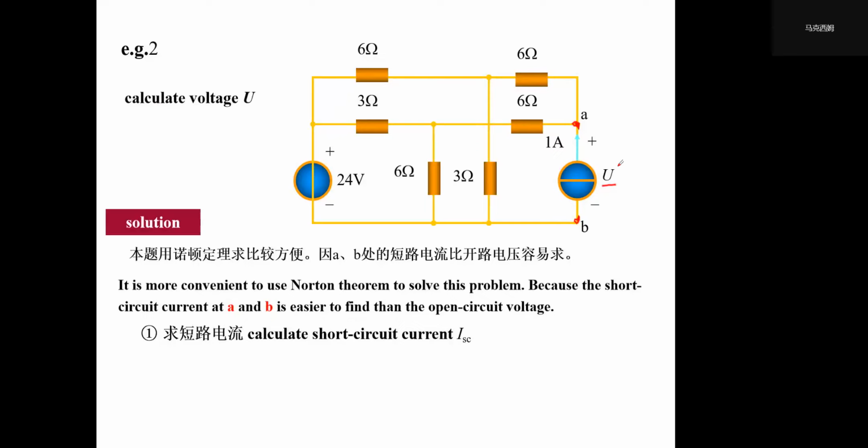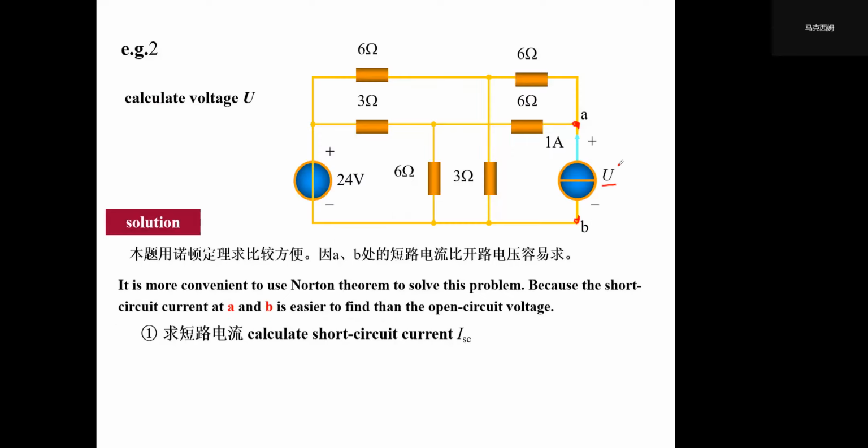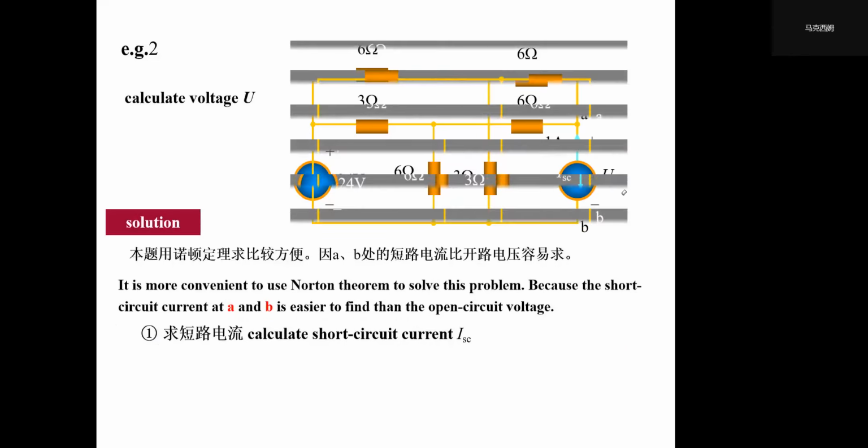So let's see what the value of the short circuit current is. So we remove this branch and we connect point A and point B with a wire.